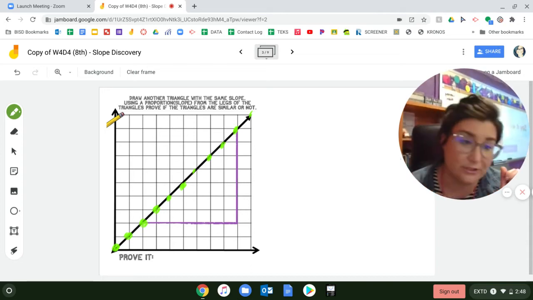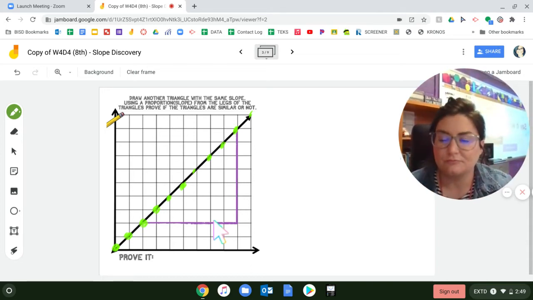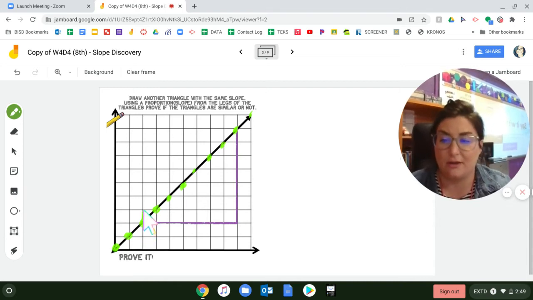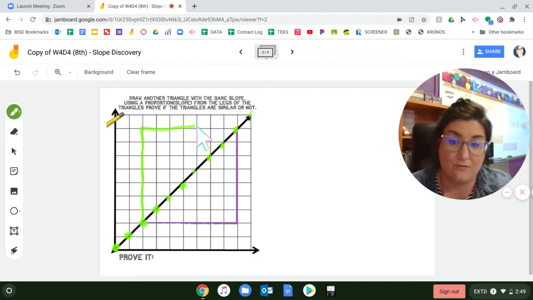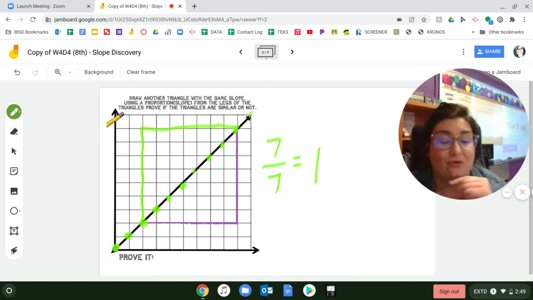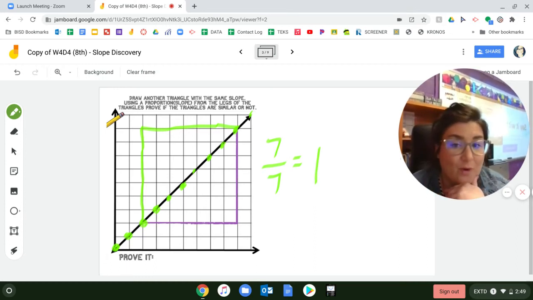We have a lot of points to choose from, okay? If I'm going to replicate the triangle that they did, I would be going for a rise of 7 and a run of 7. So rise over run is 7/7. And that reduces to a slope of 1.